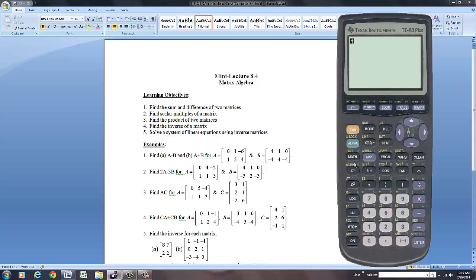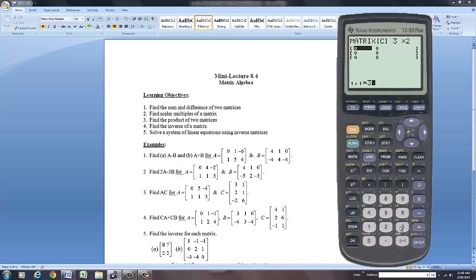Now go back to the matrix menu again, and we're going to define the components for C. So go to edit. I'm going to use C, which is number 3, so I hit 3 on the keyboard. C is a 3 by 2, so enter 3, enter, 2, enter. And then we enter the components.